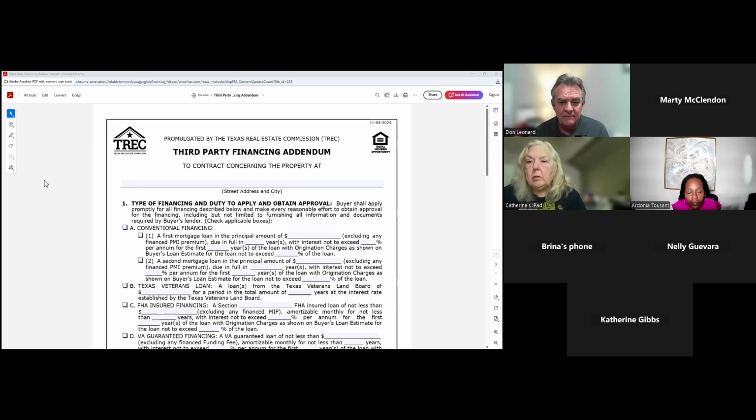The first duties and responsibilities for the buyer: apply promptly for the financing and make every reasonable effort to obtain that approval, including but not limited to furnishing all the information and documents required by the buyer's lender. That's very intentional language, because they want to make sure the buyer doesn't have the ability to say, "Oh, I know how I can get out of this deal.